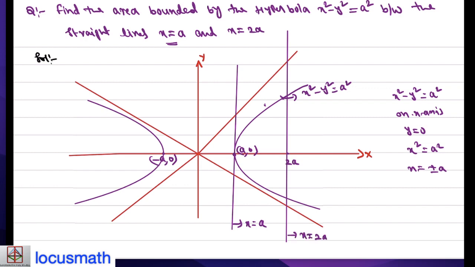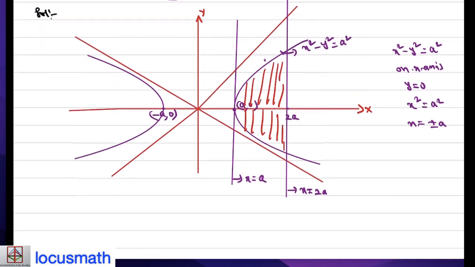So the area bounded by x equal to a and x equal to 2a and this x square minus y square equal to a square is nothing but the shaded area. So the required area is the shaded area. This area we need to find.